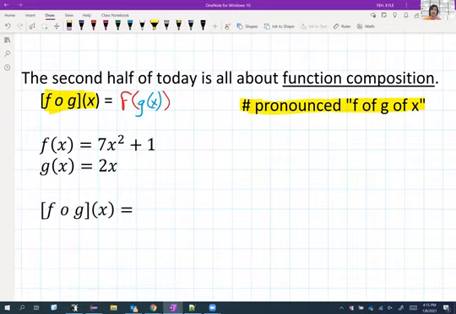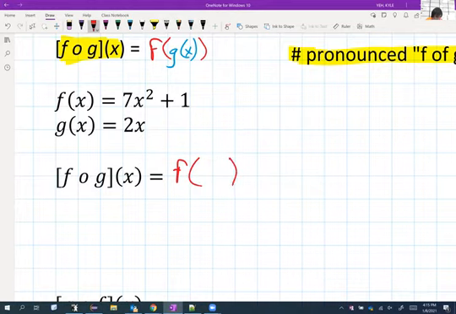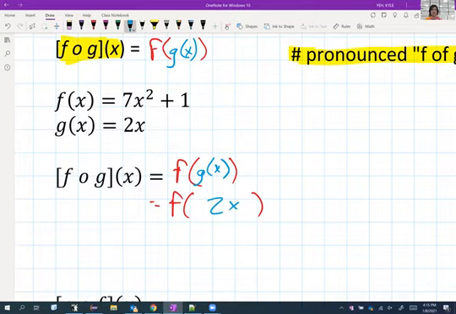We're plugging one function into another here, which is kind of a new novel concept, but let me show you what it looks like. F of g of x, I'm going to write it in my notation because that reminds me, oh yeah, I'm going to work from the inside out and start plugging stuff in. So f of g of x, well, I know that g of x was 2x. It says it right up here. So really, I just need to plug in 2x.